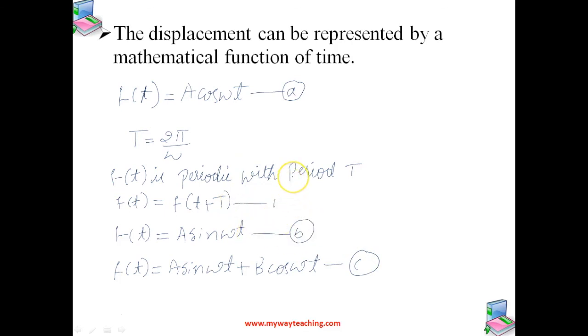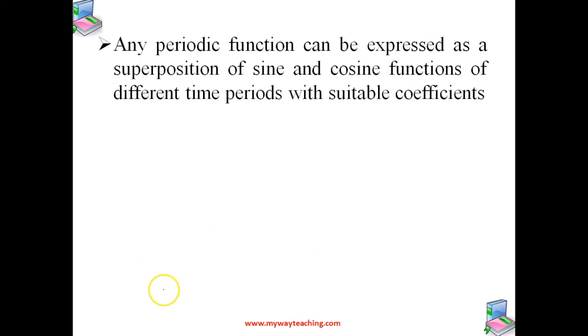Okay, and it is also a periodic function with the same period T. So we can write a is equal to d cos phi and b is equal to d sin phi.